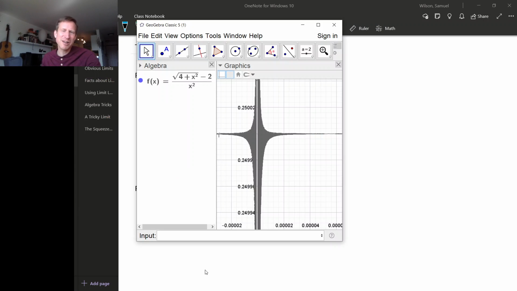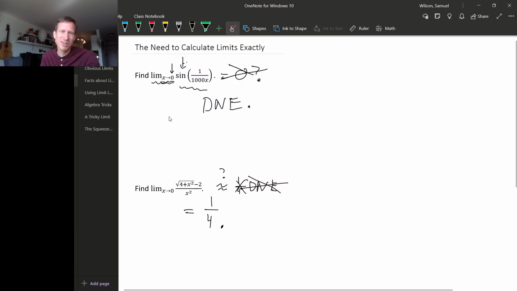So the problem here is, with these two examples, in the first example, it seemed to bob up and down because the function actually does bob up and down. In the second example, it seemed to bob up and down not because the function did that, but because the computer was having trouble giving us an accurate picture, because it's just a computer, right?